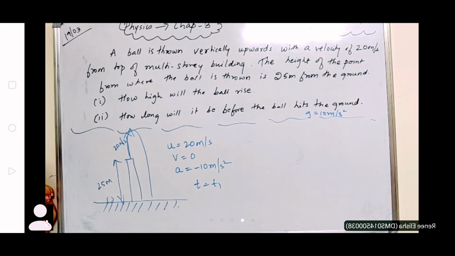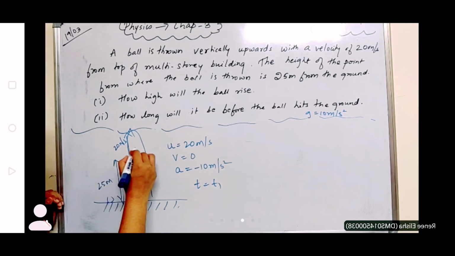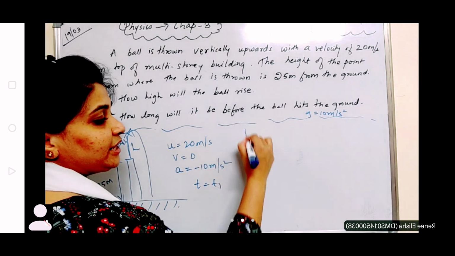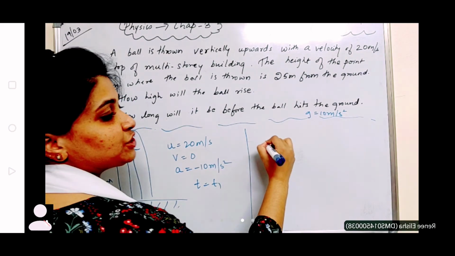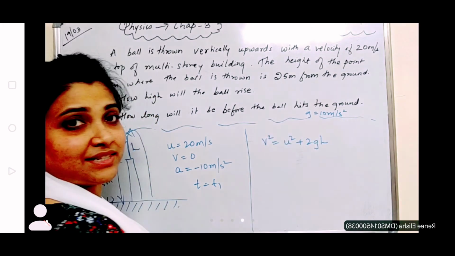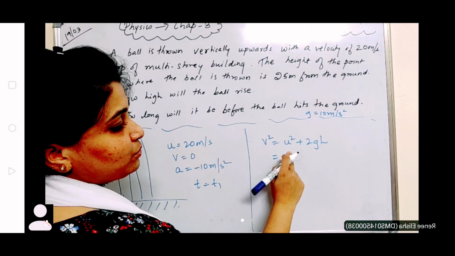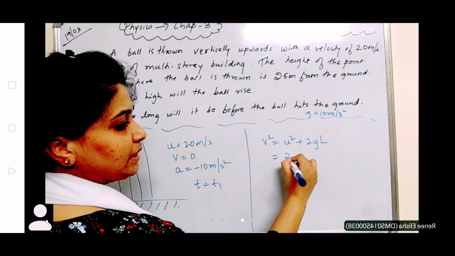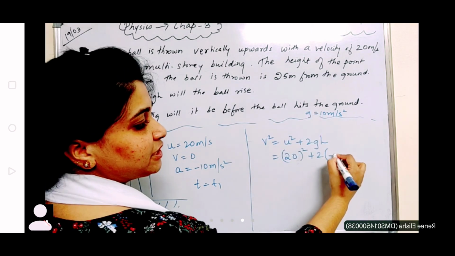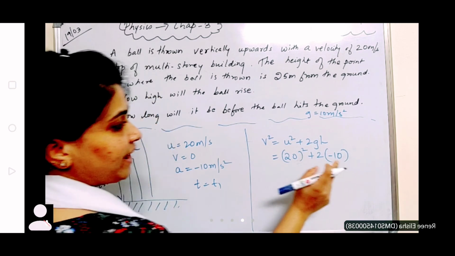Okay, now, let the height, whatever height they have asked, be h. According to the equations of motion with respect to gravitation, v square is equal to u square plus 2gh. So this will be u square, 20 the whole square, plus 2 into acceleration due to gravity, minus 10, into height.